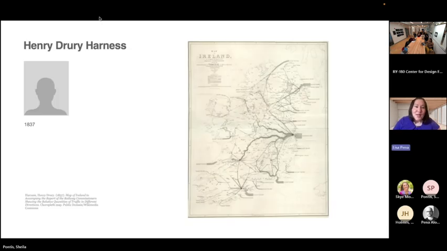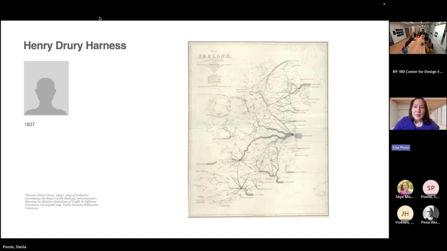Thank you. Henry Drury Harness was hired by the Irish Railways Commission to show the traffic and population density in Ireland, as well as the movement of goods. And so he did this by playing with flow lines, having thick and thin lines, also playing with the contrast of them from darkness to lightness to highlight where things were dense in terms of the movement from the major cities to the smaller towns.